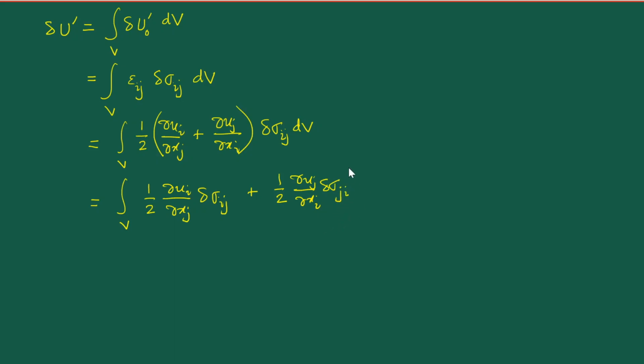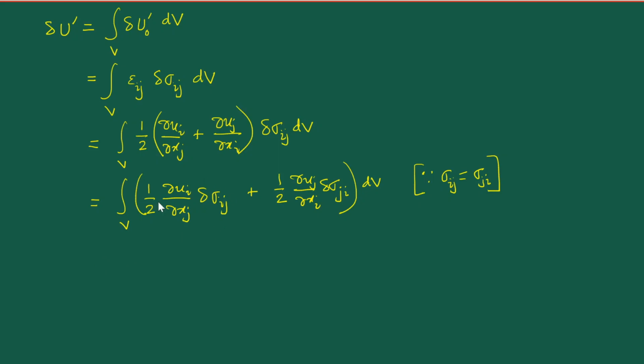That can be very well done because we all know that sigma ij is equal to sigma ji, at least for the typical cases that we are concerned with. There can be very special cases when that is not valid, but for our typical scenarios, that's perfectly okay.